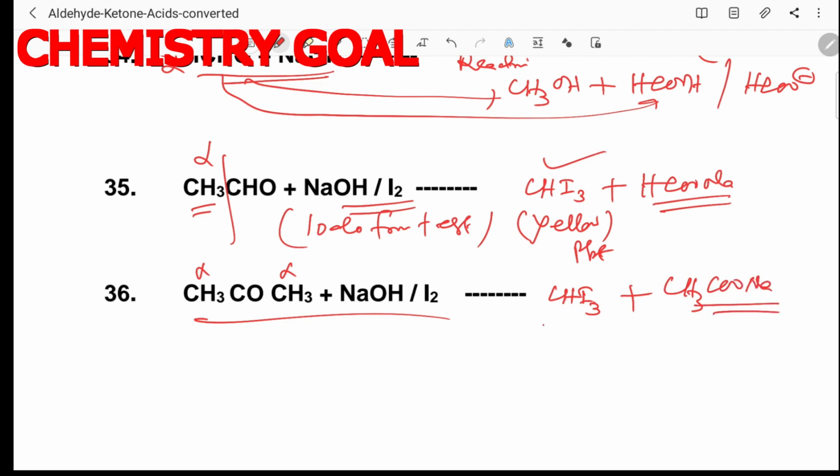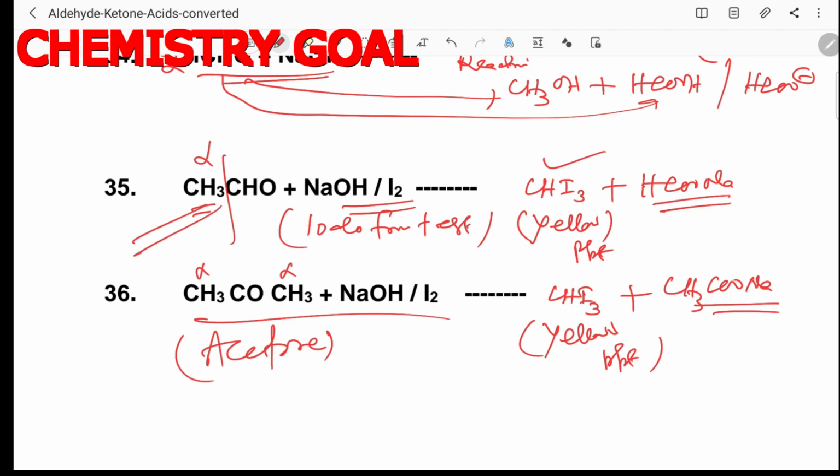So this is also a yellow precipitate. Yellow precipitate of iodoform is formed from acetone. Acetone also gives the iodoform test, and acetaldehyde also gives the iodoform test. But formaldehyde, if you write HCHO with this same reagent, no reaction takes place because it has no alpha hydrogen atom. That's why formaldehyde does not give the iodoform test.